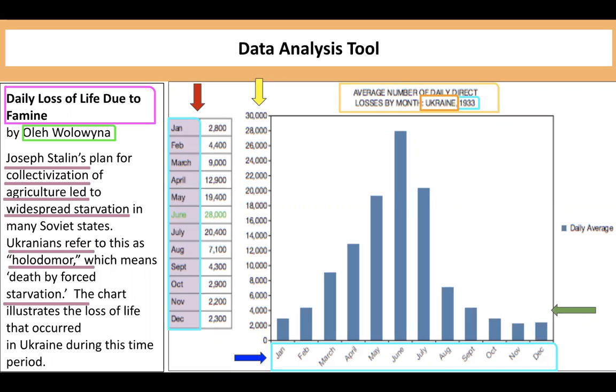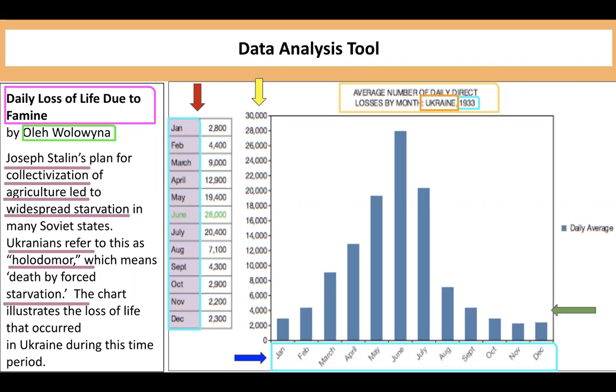It gives us the immediate effects of this collectivization, but we might be lacking some long-term effects. We don't see everything here. So once again, this is just one piece of evidence, and we would need something else to corroborate the information because I'm left with tons more questions. But look at all the answers we already have.